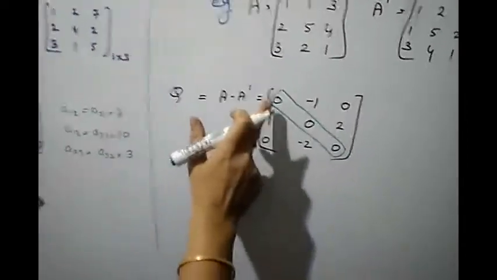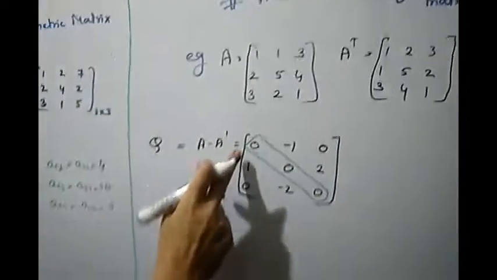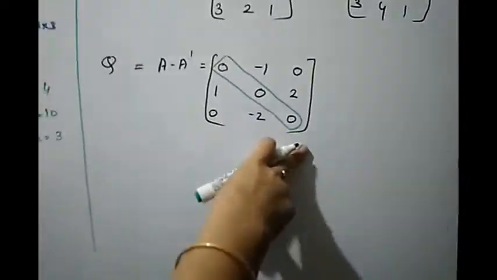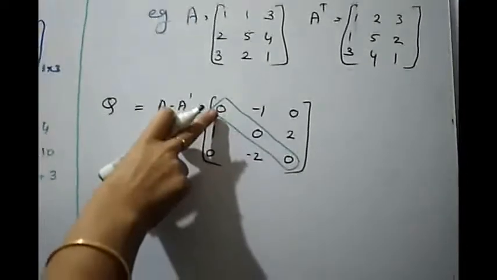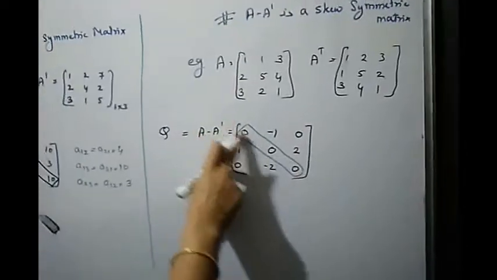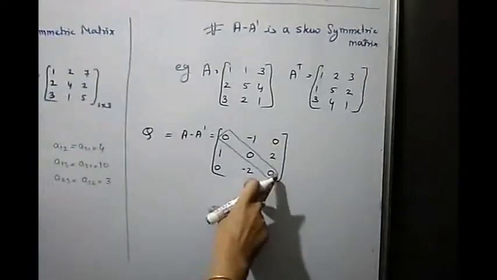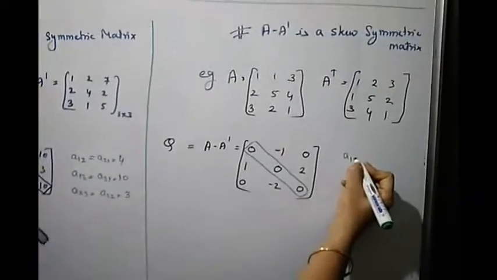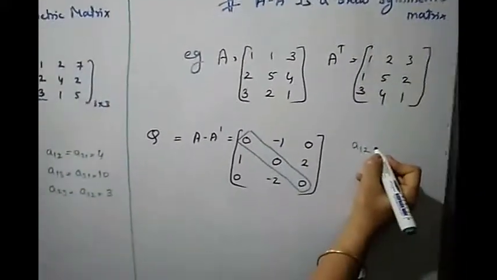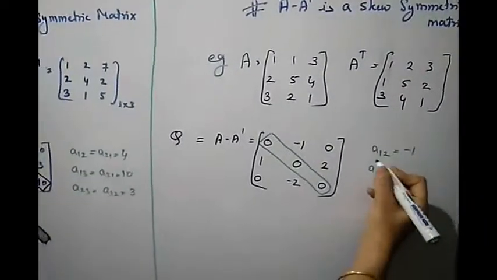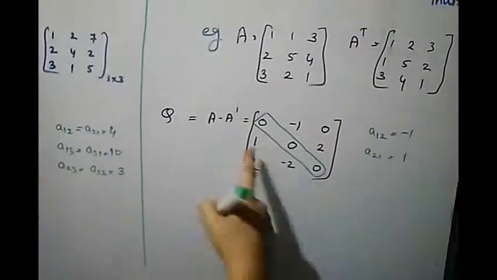Now you just see, according to the skew symmetric definition, the first point is it is a square matrix. We have taken a square matrix, so it is a square matrix. The second important point is the leading diagonal elements should be 0. So here we are getting the leading diagonal elements to be 0. The third point is, if the element a12, first row second column, is equal to minus 1, then a21, the reverse of the order, should be positive.